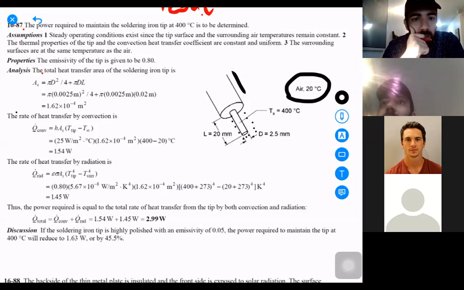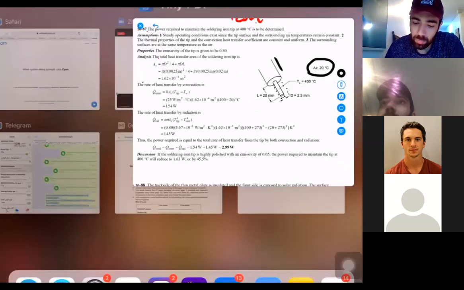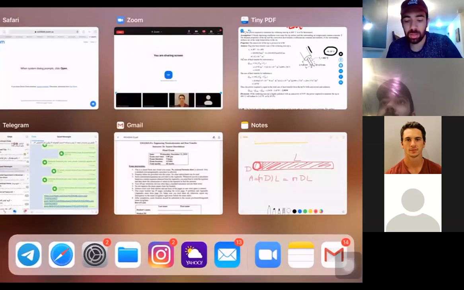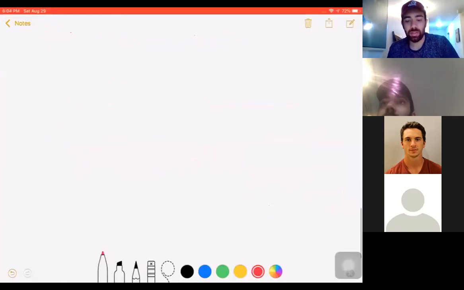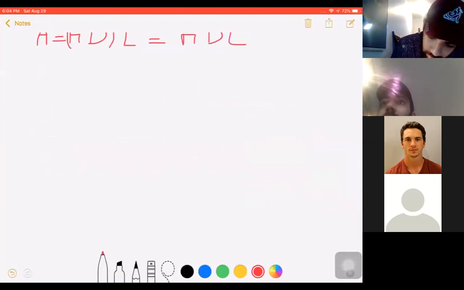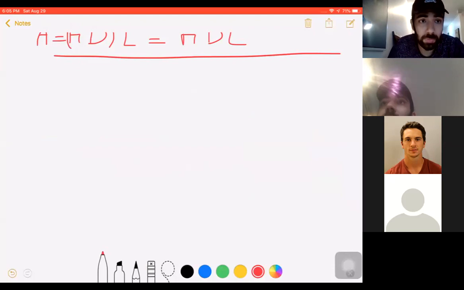So for finding the convection and radiation, I have the formulas, but the first thing to know when you are solving questions is to depict a diagram and try to understand what the question is asking you. I don't depict the rest of it.